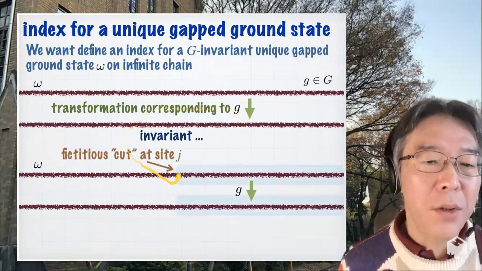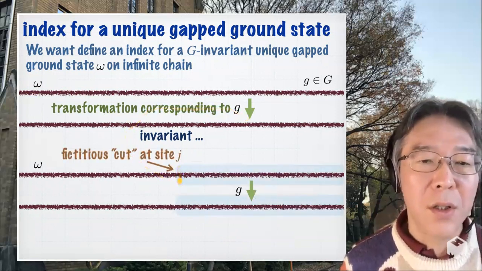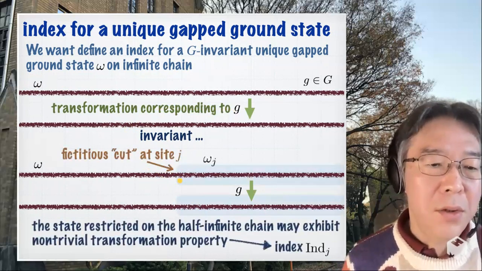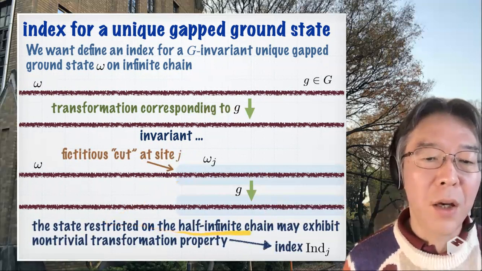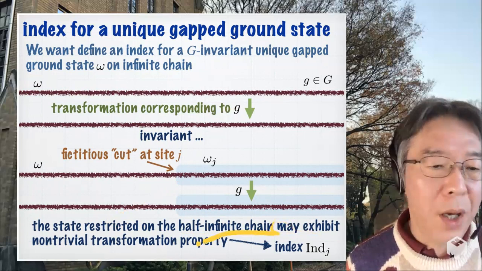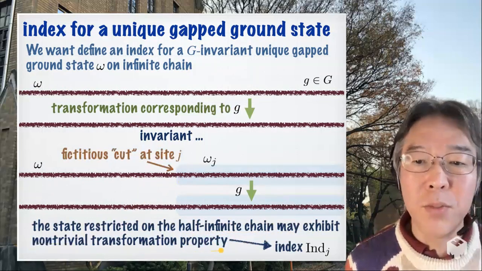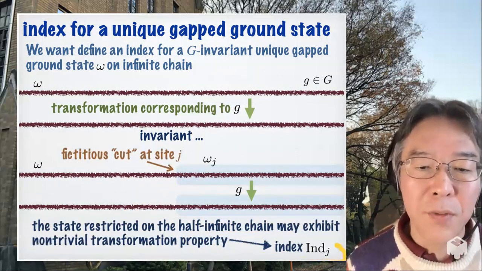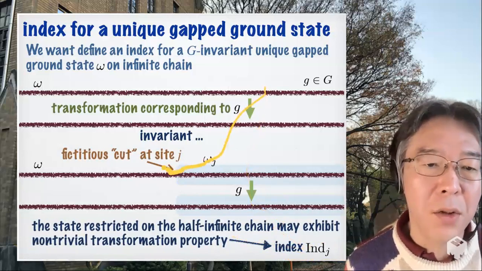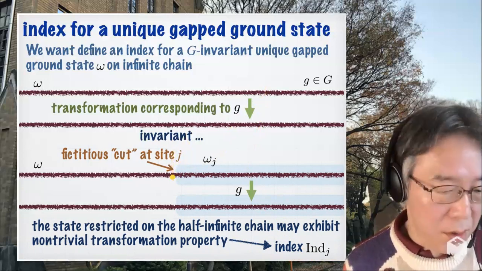We can think about making a fictitious cut at site j of this infinite chain and concentrate on the state restricted on the half infinite chain. Then this restricted state may exhibit a non-trivial transformation property, and we may be able to define a non-trivial index corresponding to the state and also to the site where we make this fictitious cut.